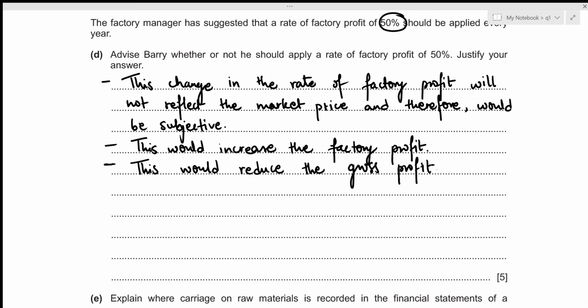And what we also know is that applying a constant rate of factory profit each year would be consistent, right? So let's write it down. A fixed rate would be consistent year on year.